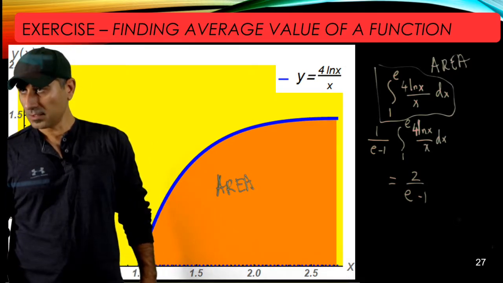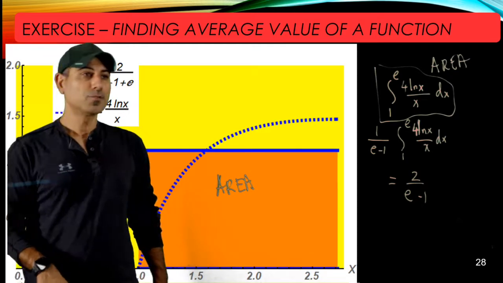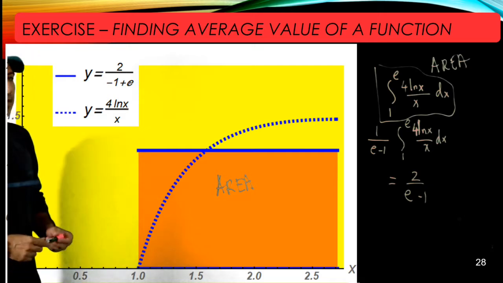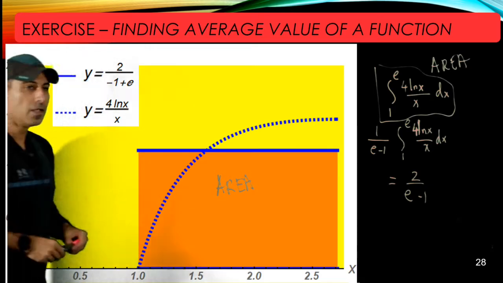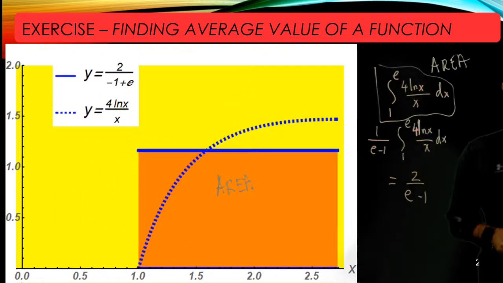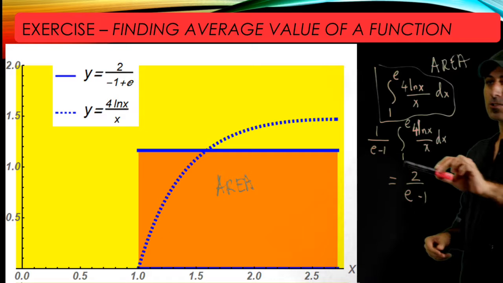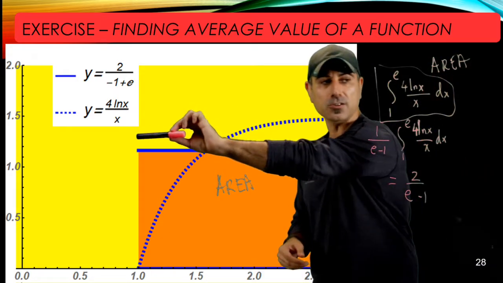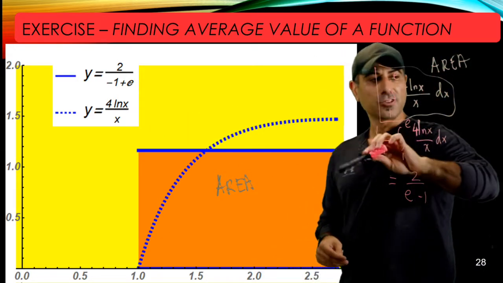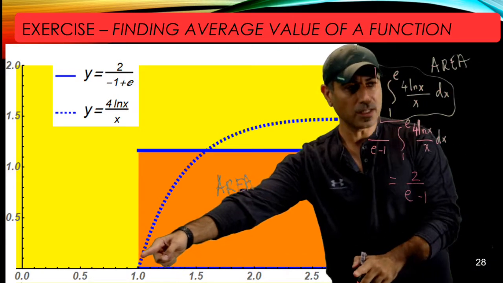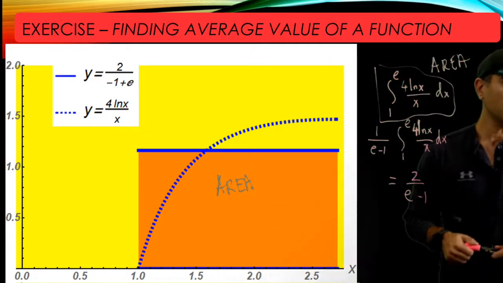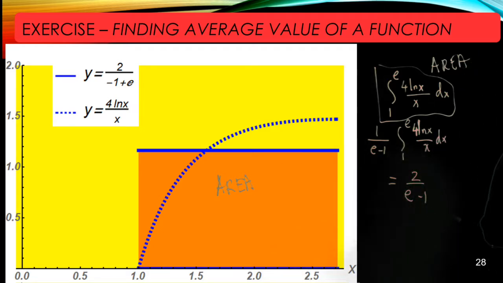So to be specific, I'm talking about how this area can also be represented by the area of a rectangle, and that rectangle has the height exactly equal to 2 over e minus 1, which is the average value of the function. So if you know the average value of the function, that average value, which is the height of the rectangle, times the length of the interval that you do the integration on, is going to be the area of the rectangle.